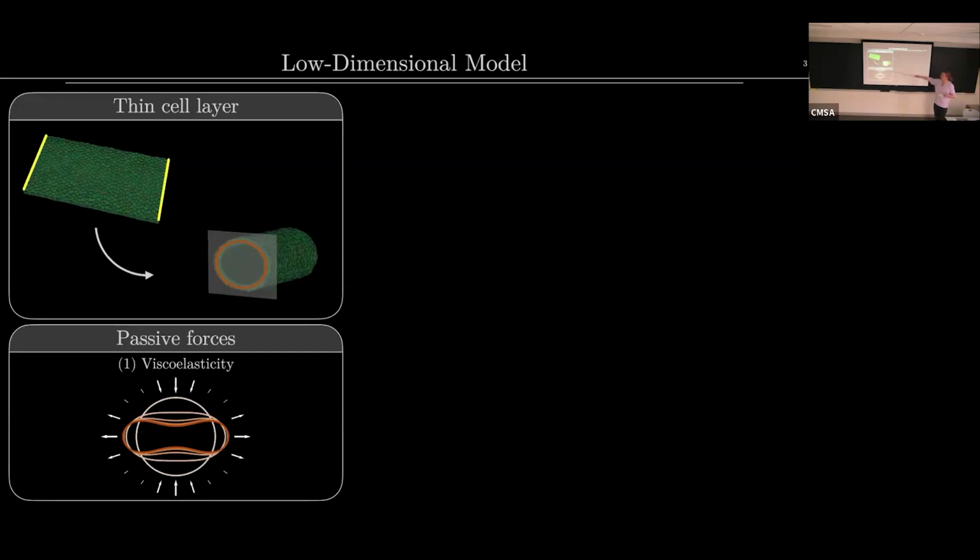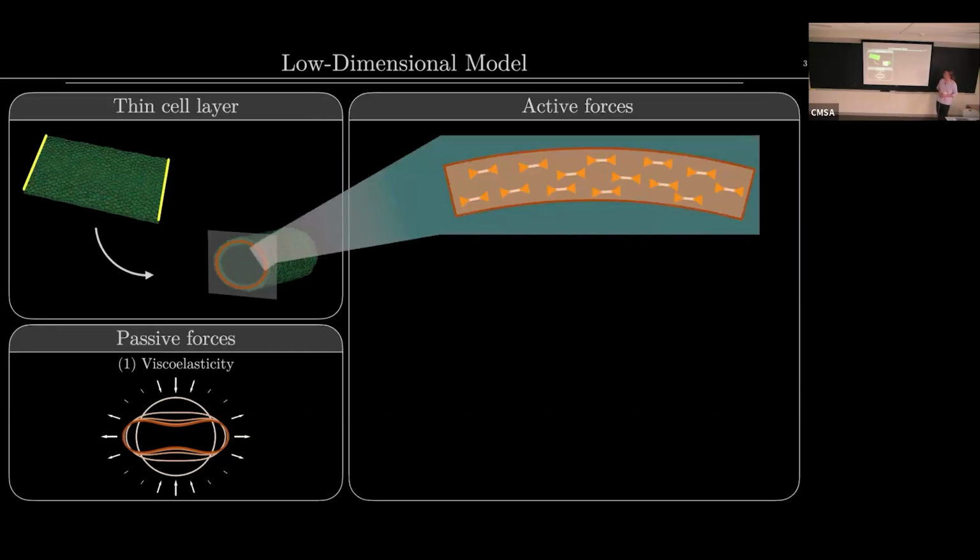The first one is that it deforms viscoelastically. If you apply external forces, like the white arrows here, it just viscoelastically deforms according to the external forces. Then we put in some activity: locally you can imagine there are microscopic contractile force dipoles that could be, for example, actomyosin.